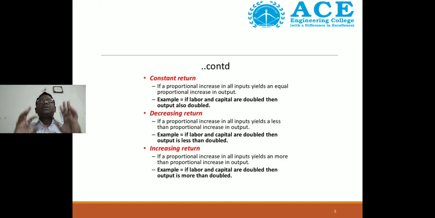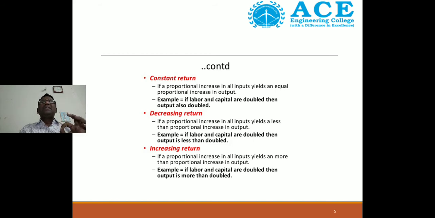That's why alpha plus beta equals 1, and that's why we call it constant returns to scale. Example: if labor and capital are doubled, then output is also doubled.